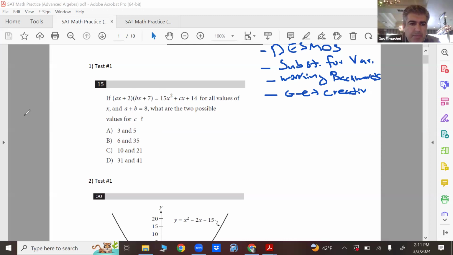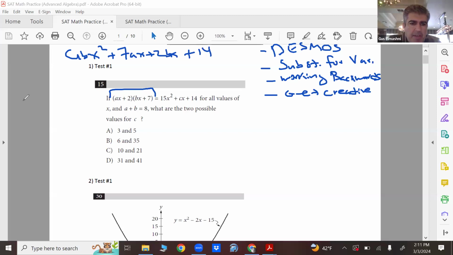So in this case, I see an opportunity to foil the left side. Let's try it, see what happens. For foil it, I get AB x squared plus 7ax plus 2bx plus 14.